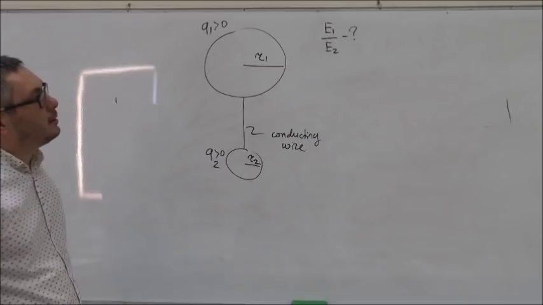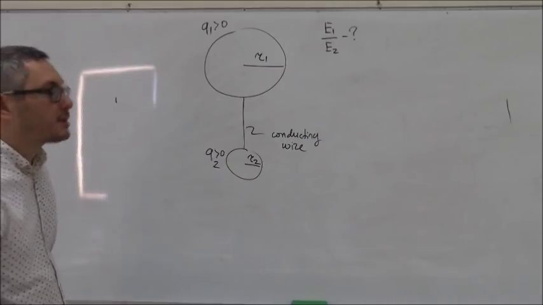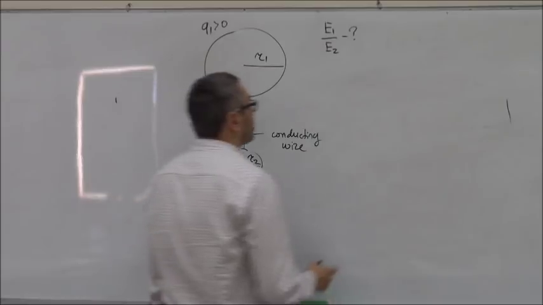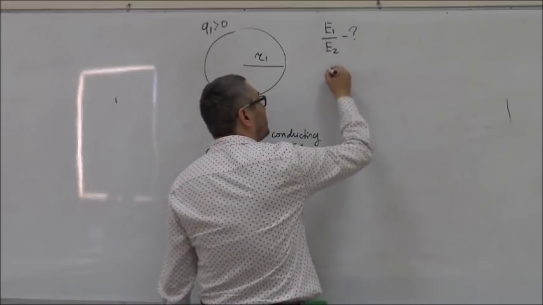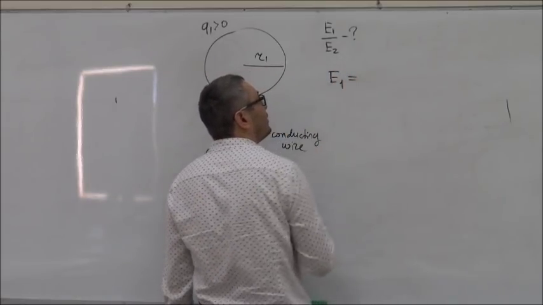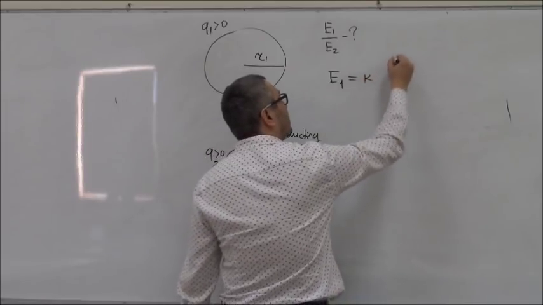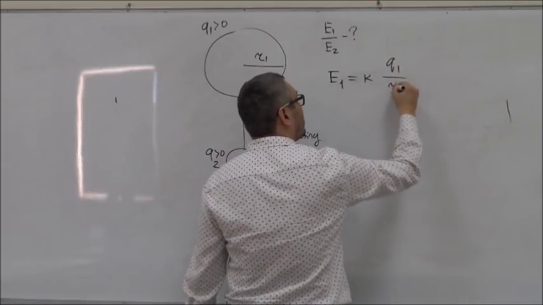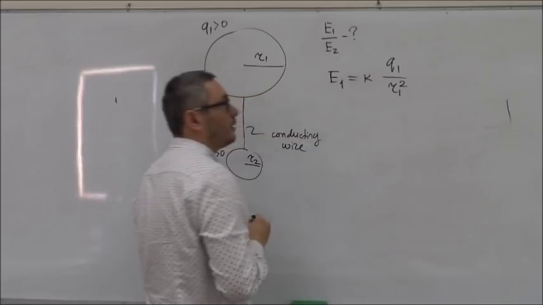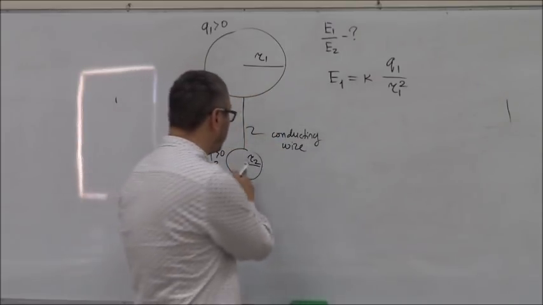Well, we already know from the previous example that the electric field on the surface of a sphere, E1, would be equal to kq1 over r1 squared. The same thing applies for the lower sphere.